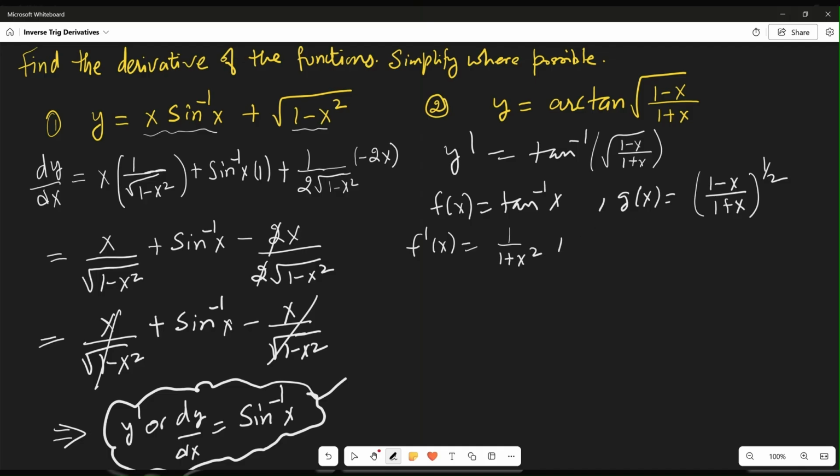And derivative of inner function is, bring the power down.